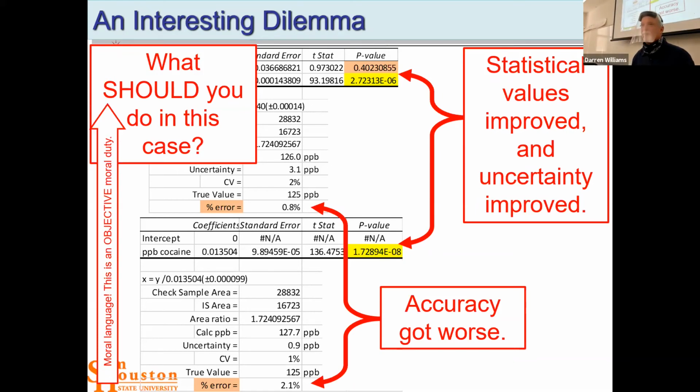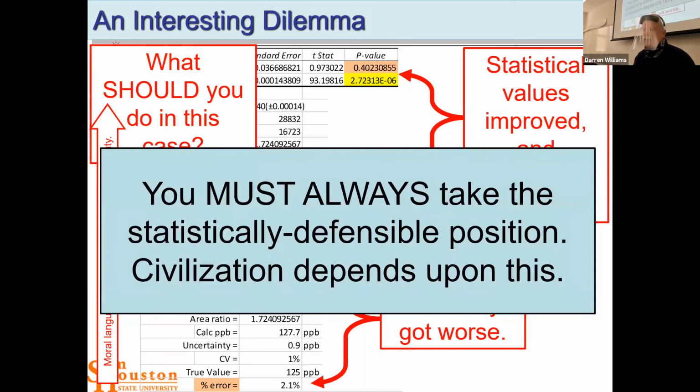We're discussing ethics, right? And the only ethical case we have here is to go with the statistically defensible answer, because otherwise you're letting your bias manipulate your actions. We want that check value to be within our confidence limits.